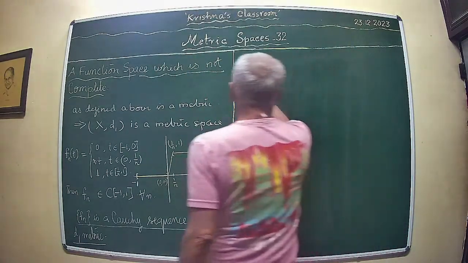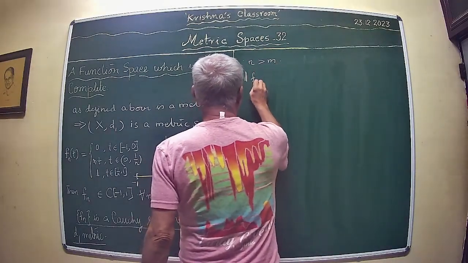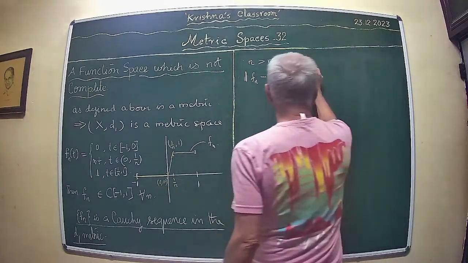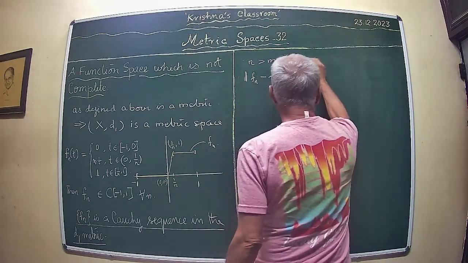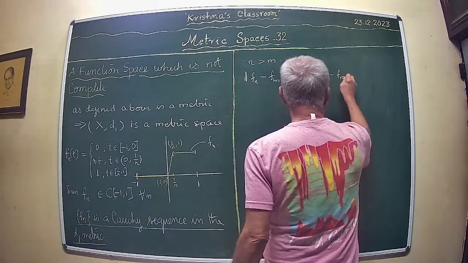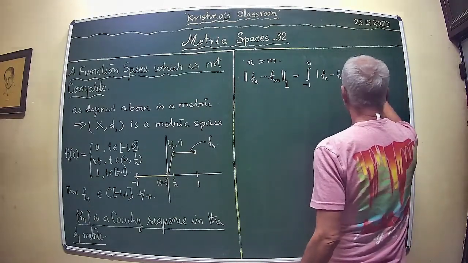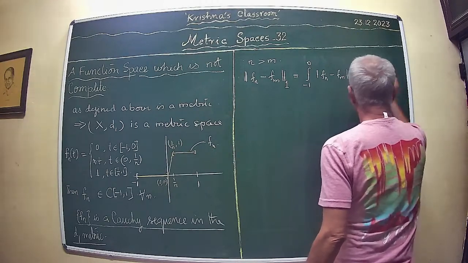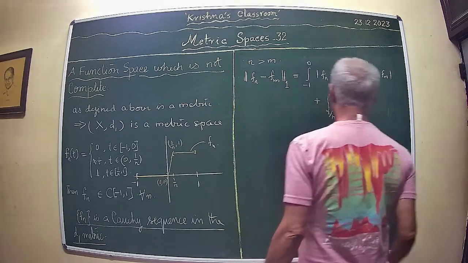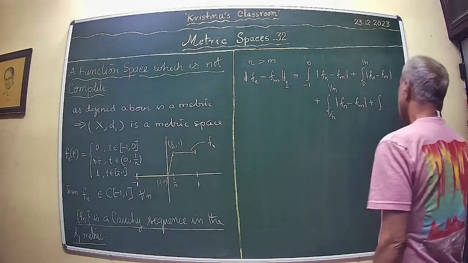So let us take n greater than m. Then we have this is equal to, we split the integral into -1 to 0 of mod Fn minus Fm, plus integral 0 to 1 by n, plus integral 1 by n to 1 by m, plus integral 1 by m to 1.